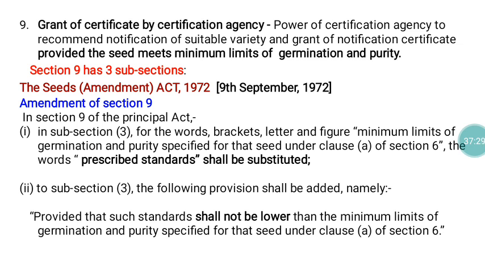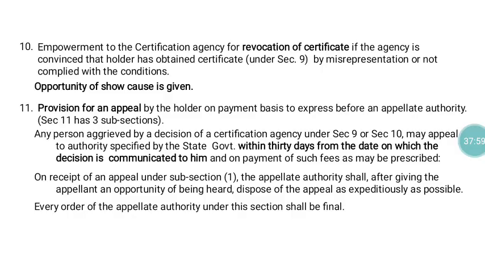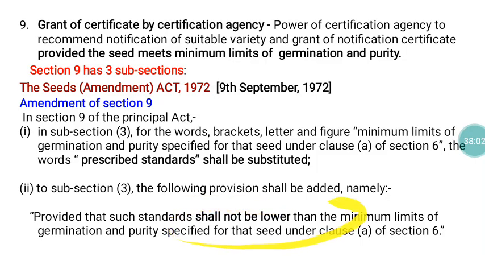Again, if it is just given as a standard, people may interpret it in another way. So in order to avoid that loophole, they added the following under section 9: provided that standards shall not be lower than the minimum limit of germination and purity specified for the seed under section 6 of the Seed Act.